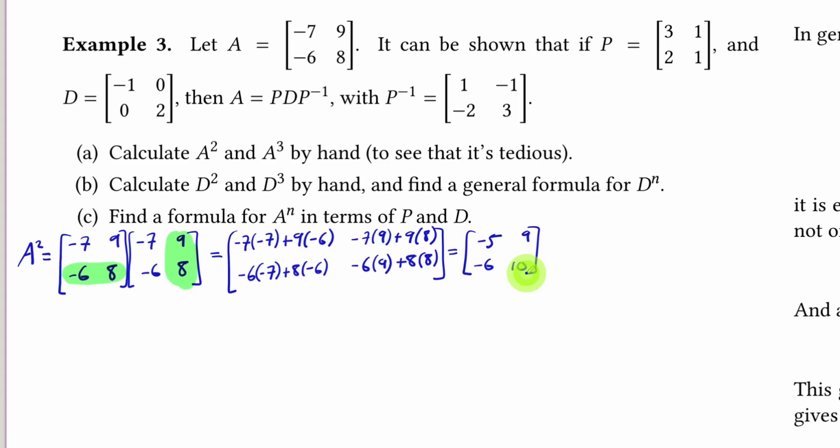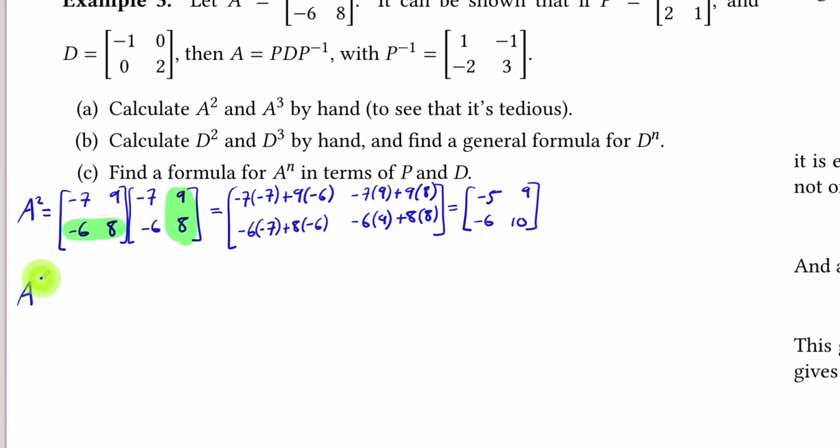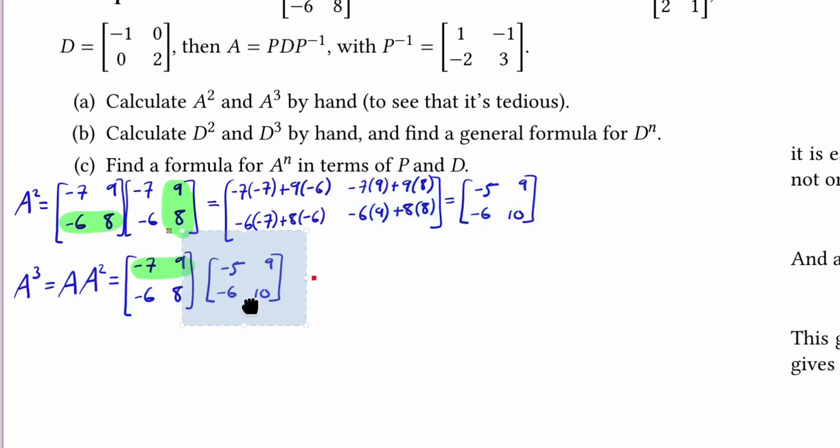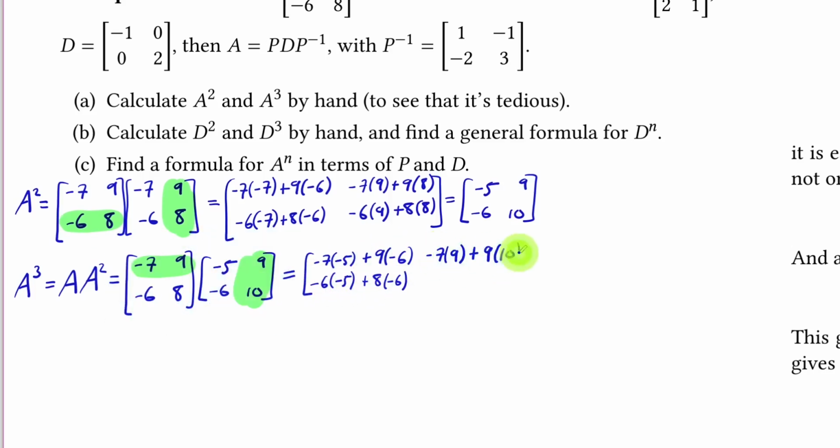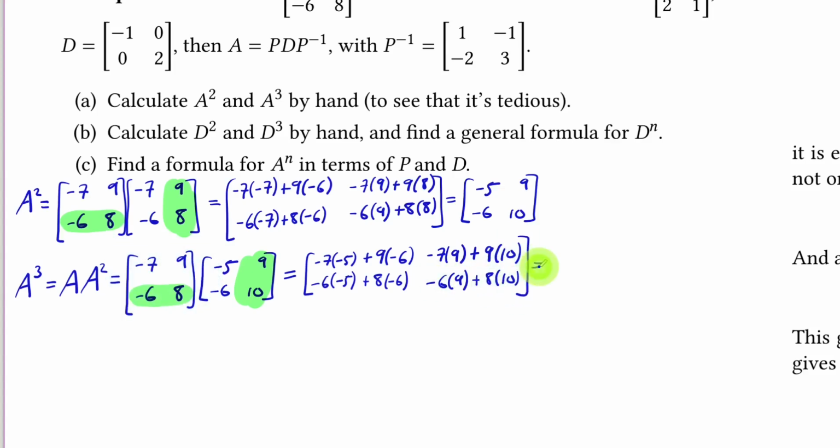For A cubed, we can say that A cubed is A times A squared. The numbers are getting a little bit bigger, but you can work it out with a calculator. And this is what you should get.